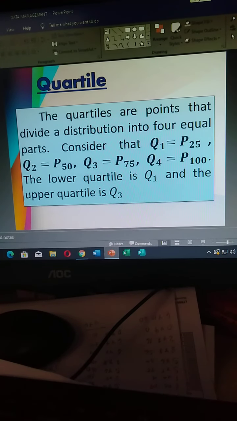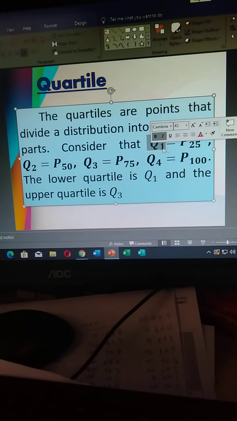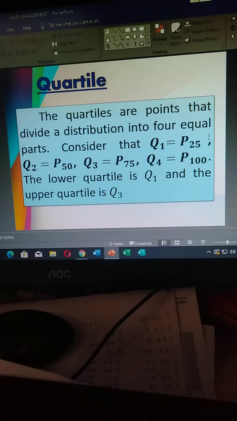Connected kasi i-divide mo rin yung 100 into 4 at makukuha mo yung 25, 50, 75, and 100. Kaya instead of hinahanap natin is Q1, kasi sabi ko nga itong percentile lang ang gagamitin natin as the main formula, ang ilagay mo lang is P25 because Q1 is equal to P25. Q2 is equal to P50 and Q3 is equal to P75 and Q4 is equal to P100.